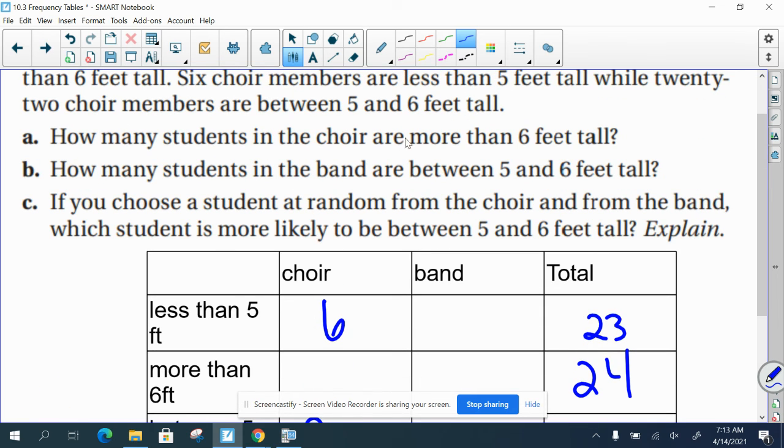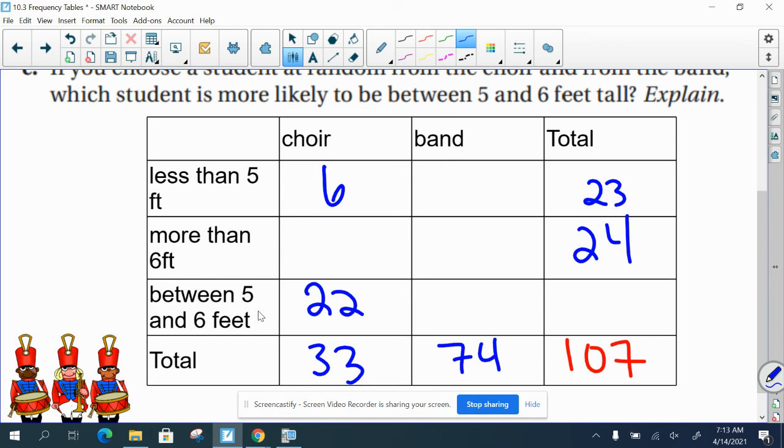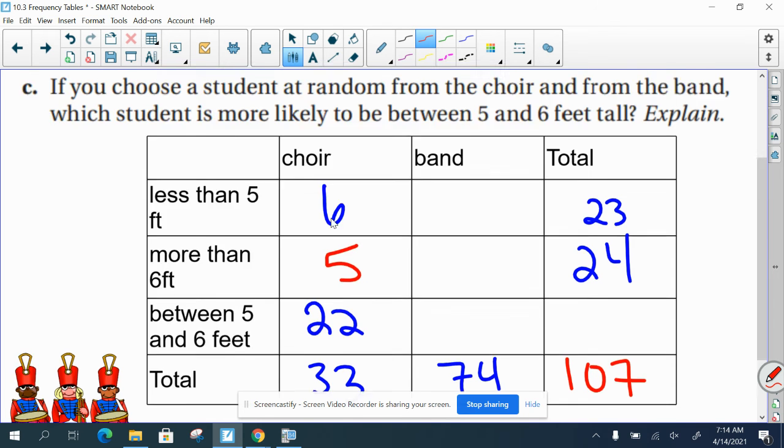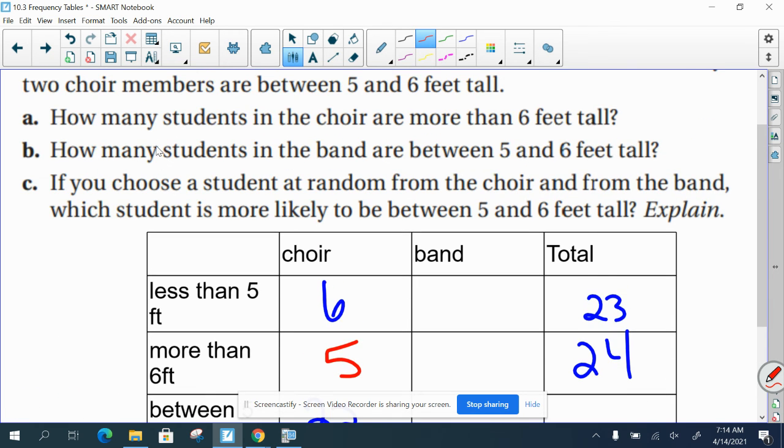How many students in the choir are more than 6 feet tall? So I would do 33 minus 22 is 11, minus 6 is 5. How many students in band are between 5 and 6 feet tall?